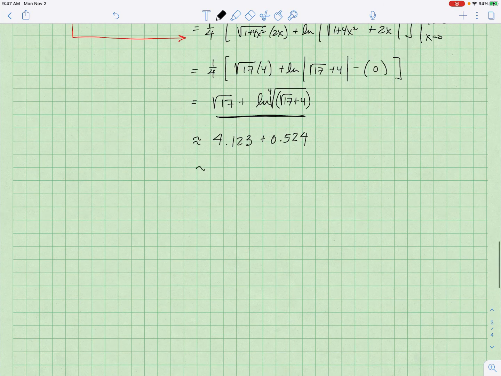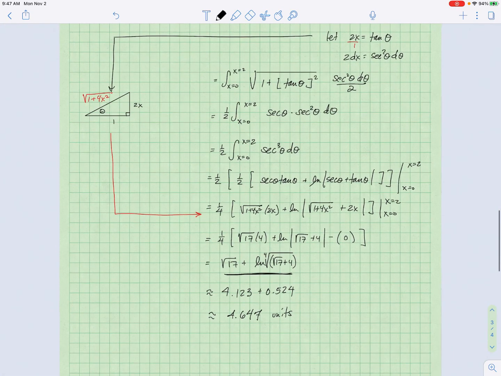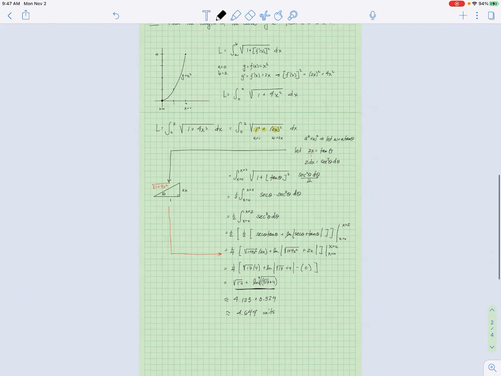And the length of that arc is approximately 4.647 units of length, whatever that is, miles, centimeters, astronomical units, light years, parsecs, whatever you're into, man.